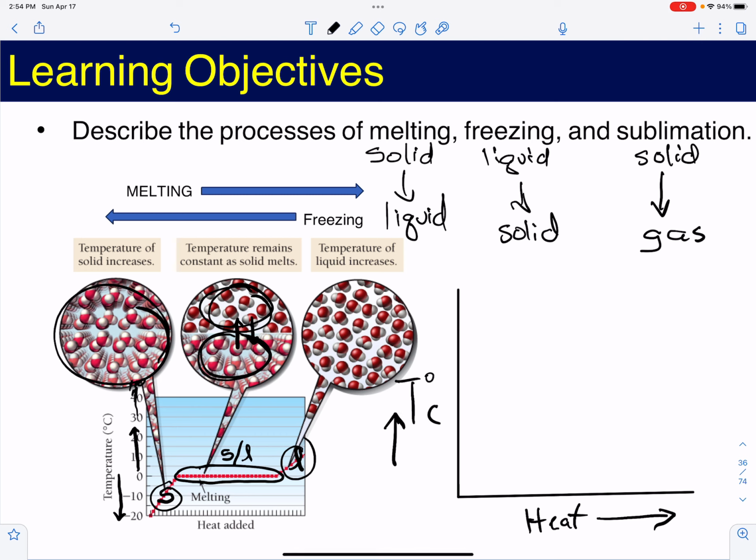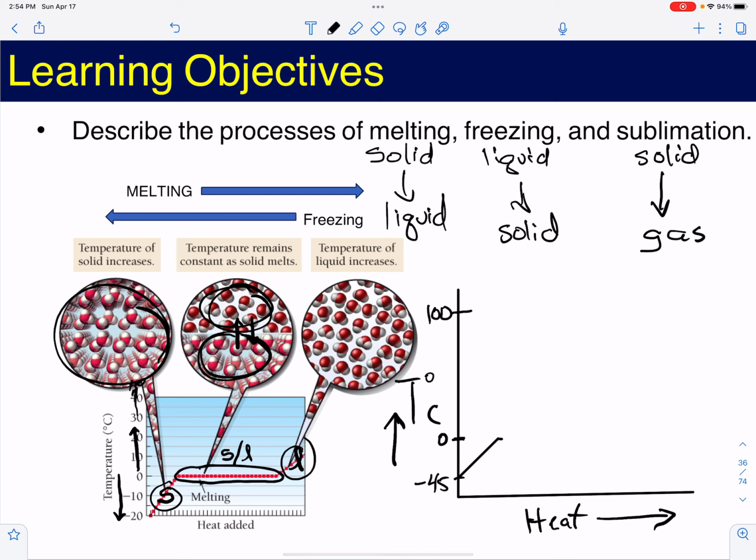And since I'm dealing with water, I know that water melts at 0 degrees and boils at 100 degrees. Let's say, for example, that I'm starting at minus 45 degrees Celsius. So water is going to be a solid there. I'm going to start warming up my solid all the way to the freezing point.